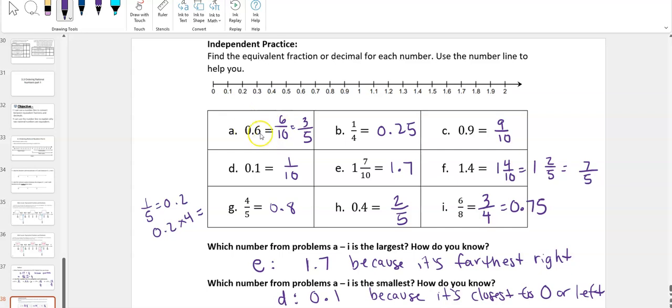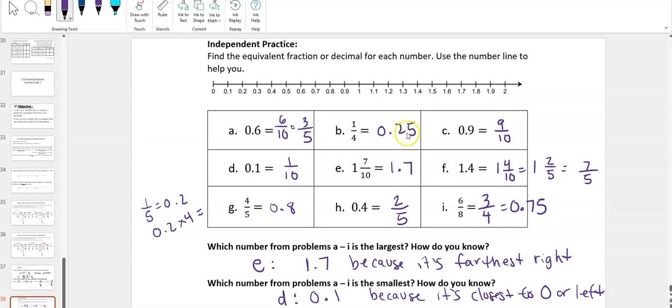All right, 6/10. 6/10 is the same as 0.6, and I can reduce or simplify that to 3/5. So 6/10 is the same as 3/5. Or if you go back to our number line where we talk about how every fifth is worth 2/10, 6/10 is 3/5, right? 6 divided by 2 is 3. 1/4 is 0.25.